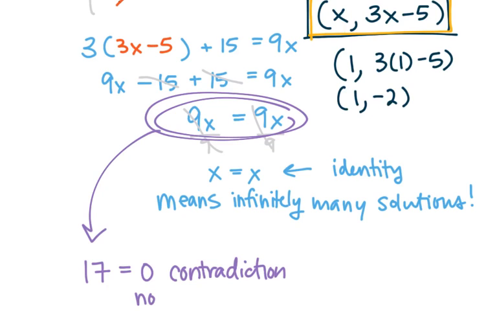That would mean there would be no solution, that we were dealing with two parallel lines. So if you've got two lines with the same slope, they would be parallel, and parallel lines never intersect. So when you get an answer equal to itself, that means infinitely many solutions. And if you get an answer that really doesn't make any sense, that's going to represent no solution.